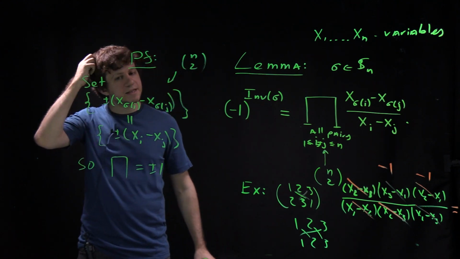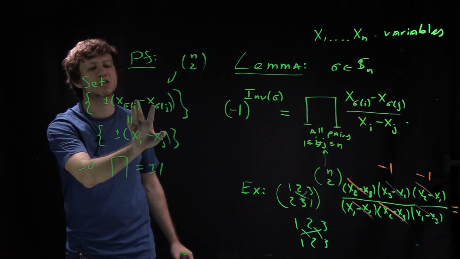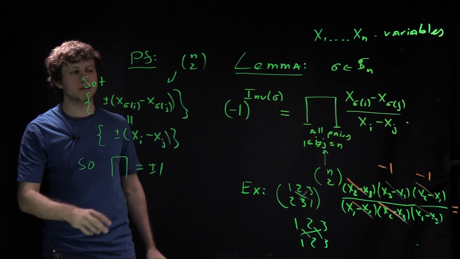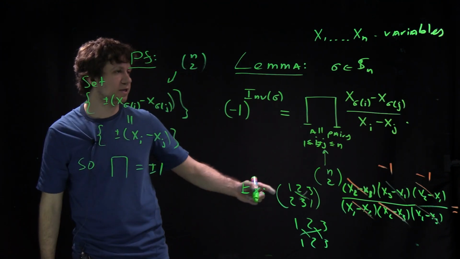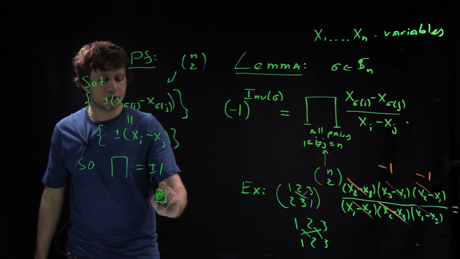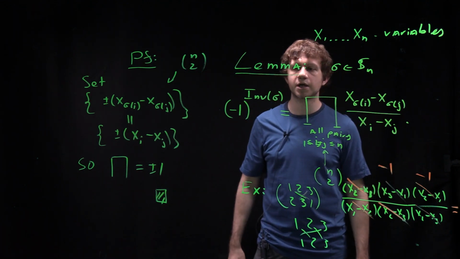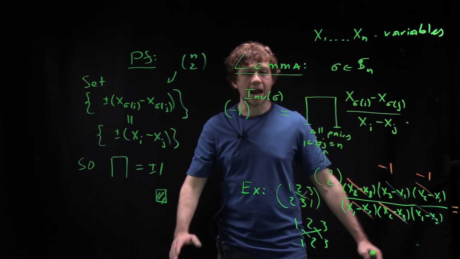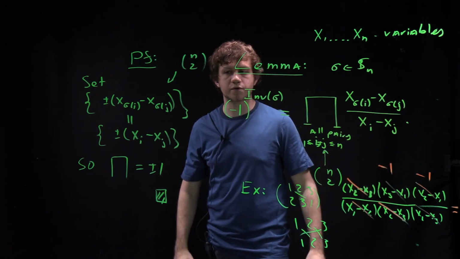And then the sign depends on how many of those xi minus xj switch sign when you apply sigma. And this is of course just the number of inversions. So eventually you get that this is minus 1 to the power of the number of inversions. I don't want to be too pedantic here because we have not yet discussed polynomials, but that's actually a very, very nice proof. And this gives a formula for minus 1 to the power of the number of inversions of sigma.